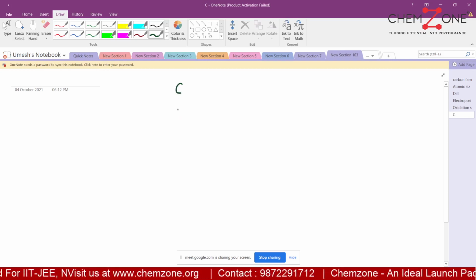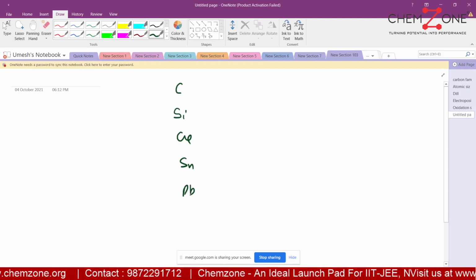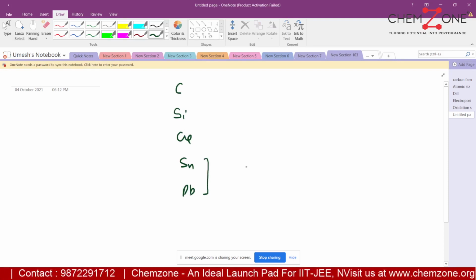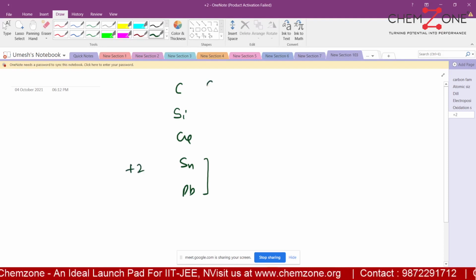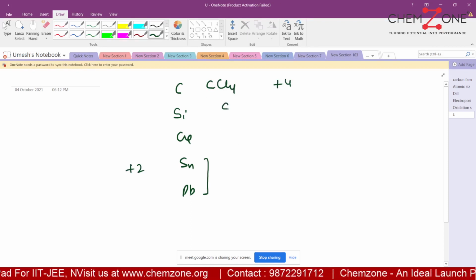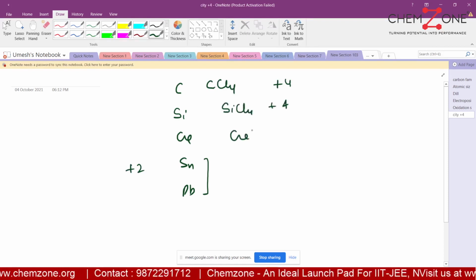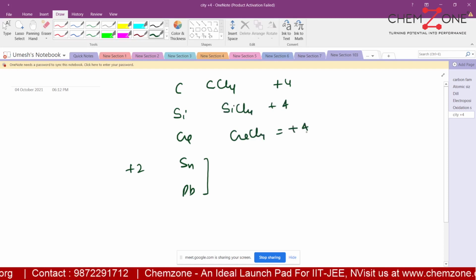But as you go down the group, carbon, silicon, germanium, tin, and lead, these two elements can show +2 also. Like carbon forms carbon tetrachloride, oxidation state +4. Silicon forms SiCl4, it shows +4. GeCl4 shows +4.